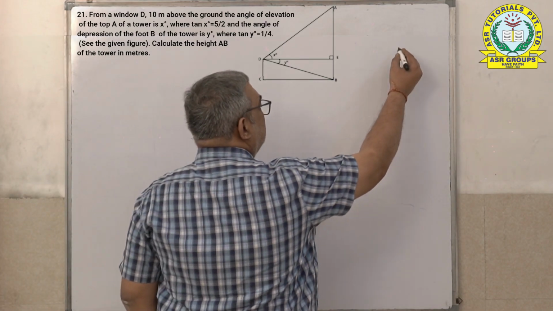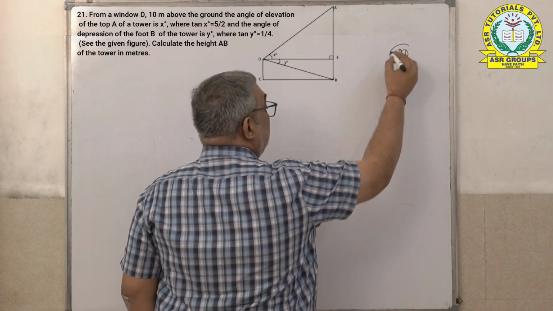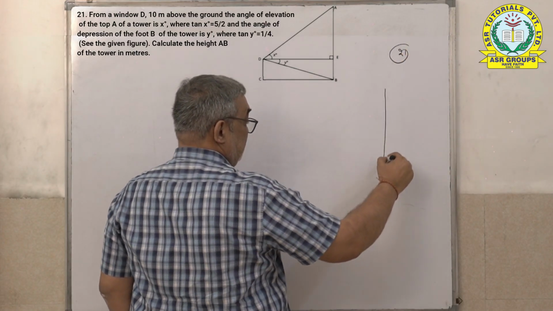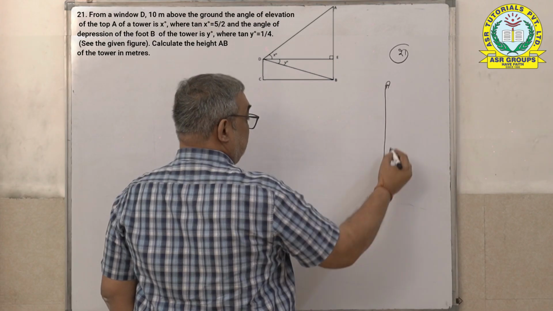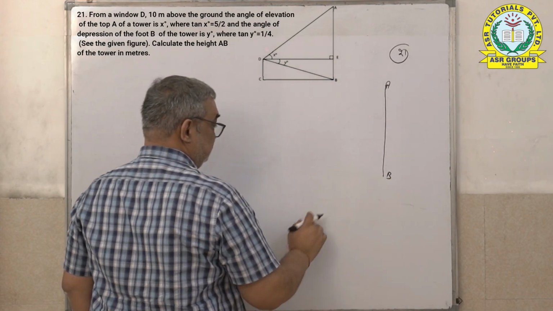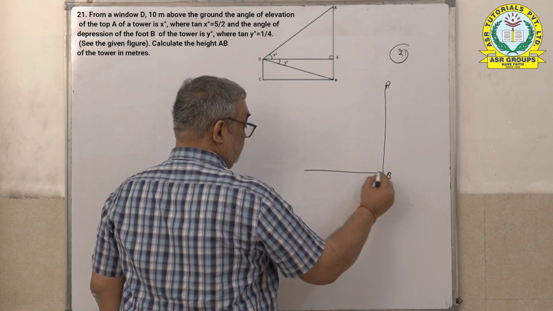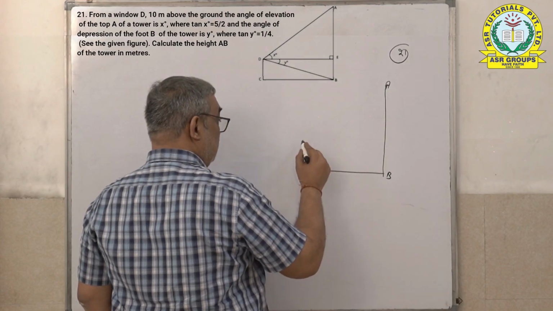Sum number 21. This is tower AB. This is a pole.